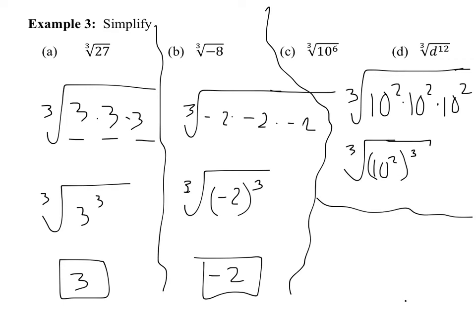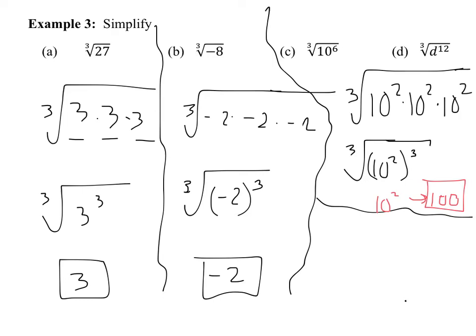The cube root and the cube cancel, giving you just 10 squared as an answer, or 100.